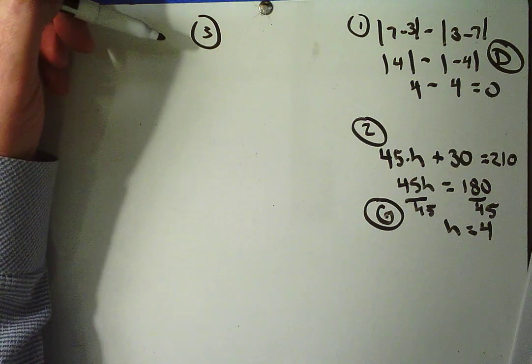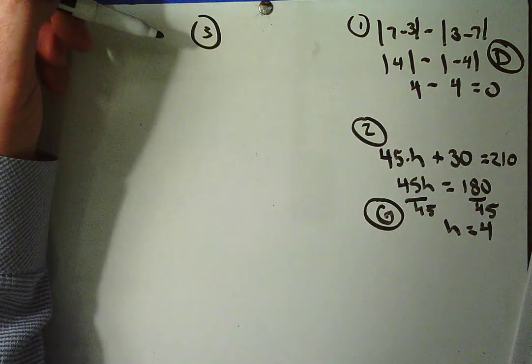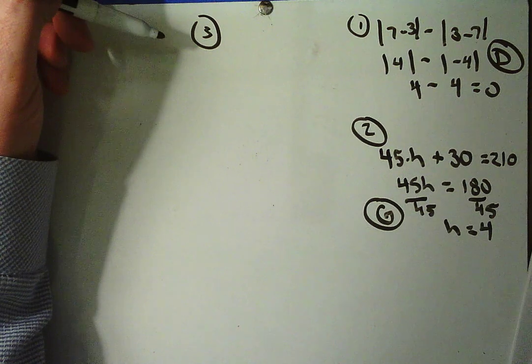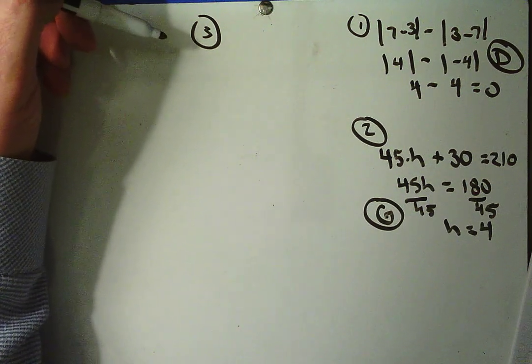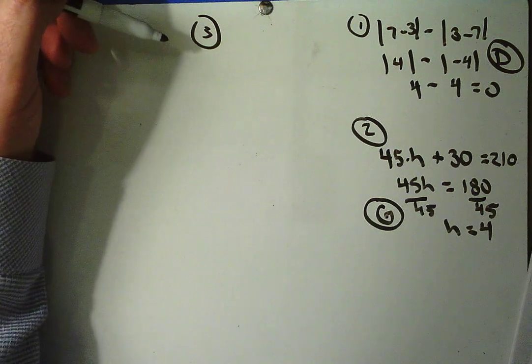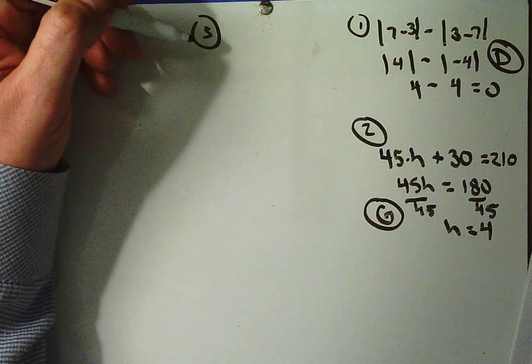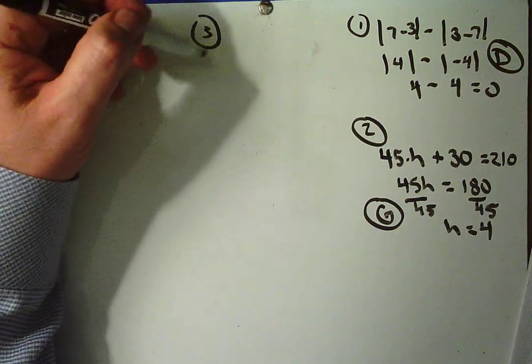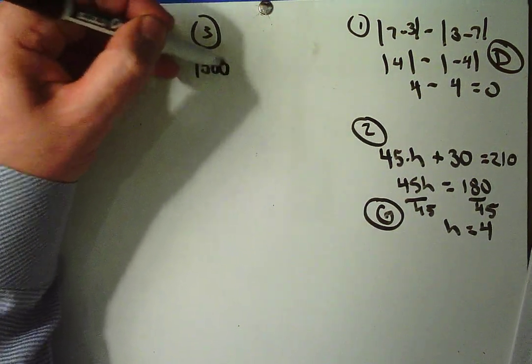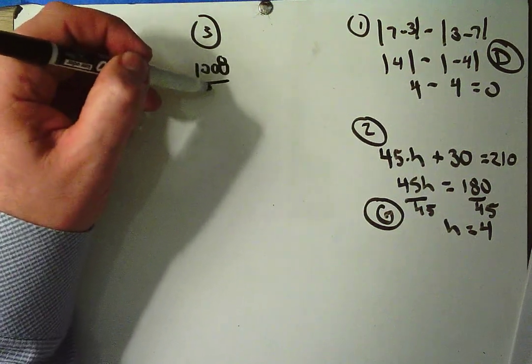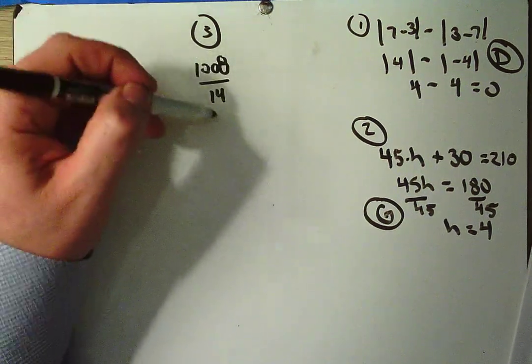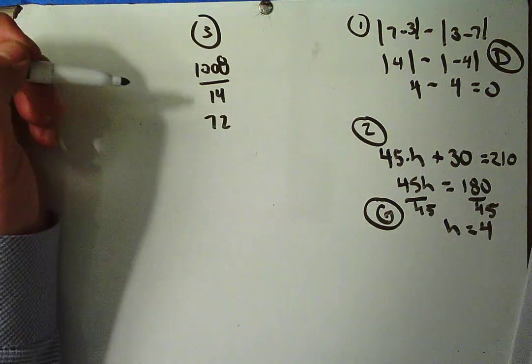Number 3. Vehicle A averages 14 miles per gallon of gasoline. Vehicle B averages 36 miles per gallon. At these rates, how many more gallons of gasoline does A need than B to make a 1,008-mile trip? Well, I like to think about this by using the different rates, but I think most of you would say, well, if it's 1,008 miles and they get 14 miles per gallon, that's 72 gallons.